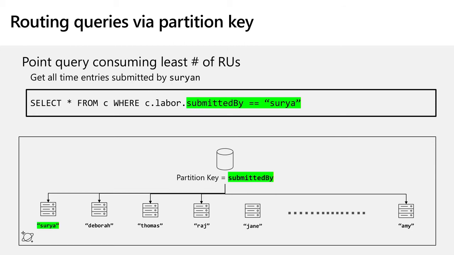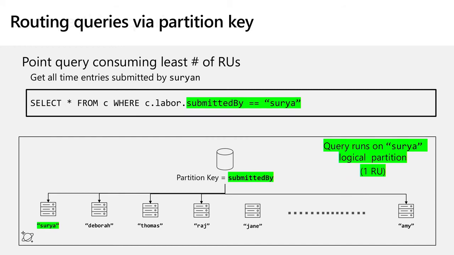So when you run that query, select star from collection where submitted by equal to Surya, it directly runs on the Surya partition, and the response time is instantaneous because it's a direct read on one logical partition. Okay, it's called the point query, and the RUs taken for read are 1 RU for 1 kilobyte of data. So this is the fastest Cosmos DB can get.